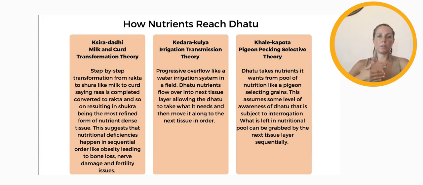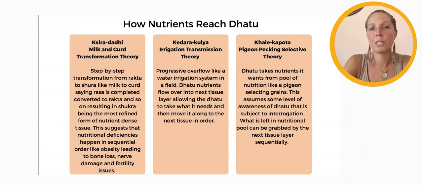It's completed, it's converted to meda, all the way to shukra, which is then the most refined form of nutrient-dense tissue. So this suggests that if there are nutritional deficiencies, it's happening in sequence, like obesity leading to bone loss, nerve damage, and fertility issues. It's going in this step by step, because one tissue is creating the next tissue, and that tissue is creating the next tissue, right?